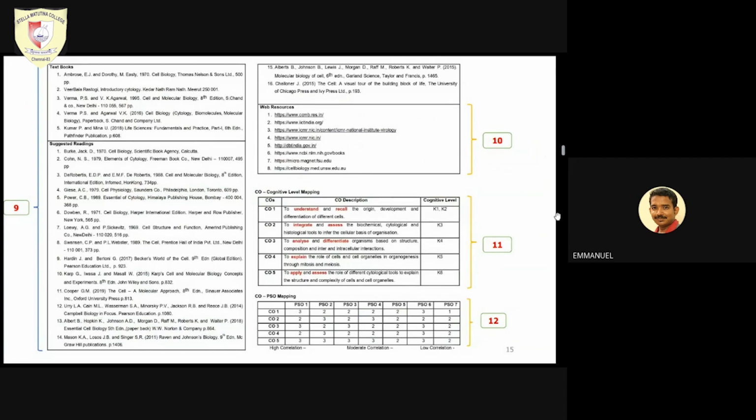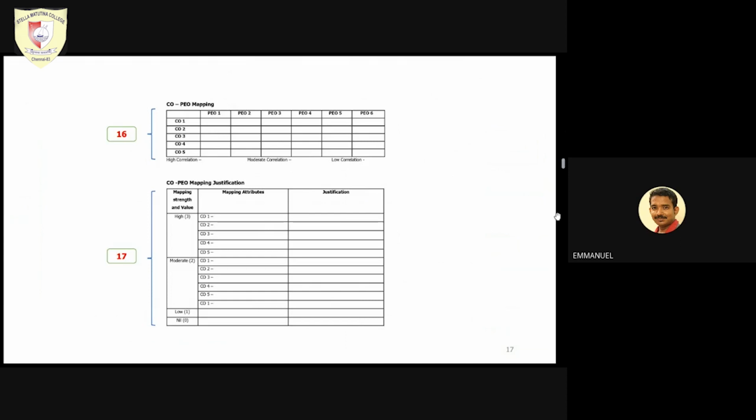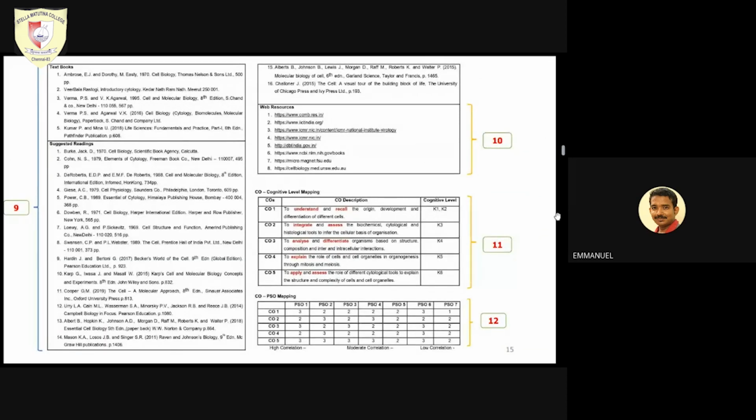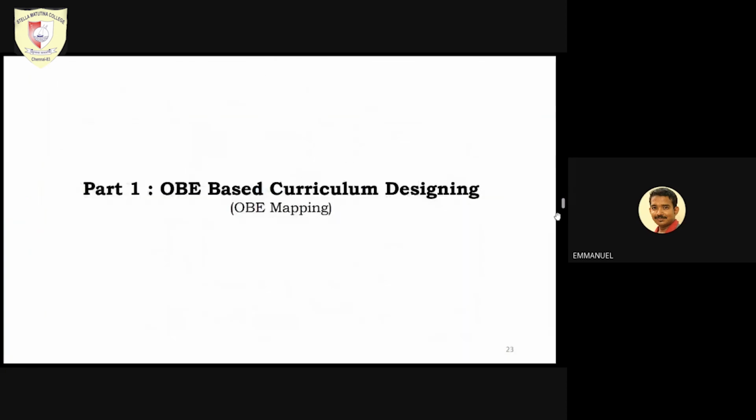There are actually 17 components, and we had already seen them. I came to know that you people have started working on course outcomes as well as dynamic lesson plans. That was nice to hear from you. I'm just doing a recap.